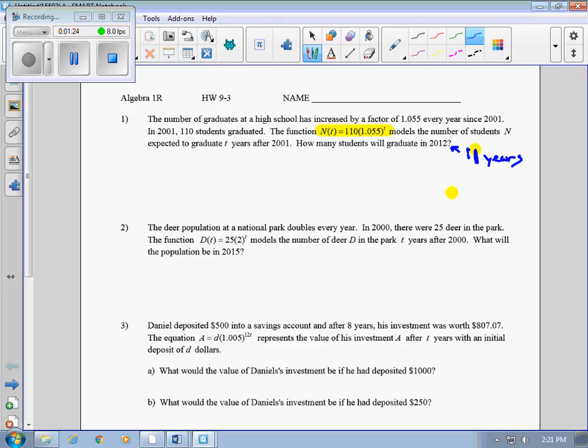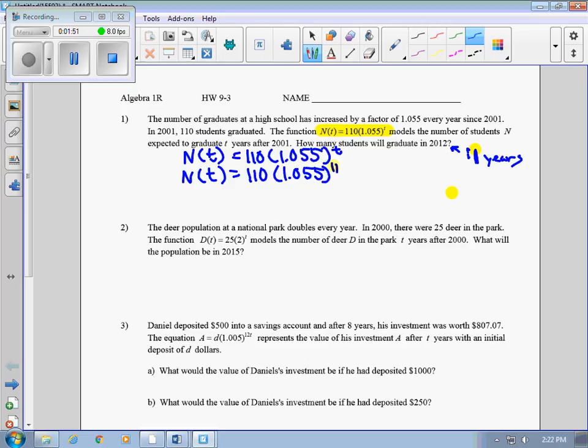So we're going to write out our original formula, if it makes you feel comfortable: n(t) = 110 times 1.055^t. Then we're going to plug in the information we do have. So n(t) equals 110 times 1.055 to the 11th, because it's 11 years now.